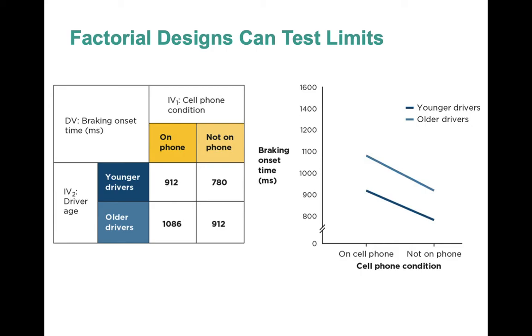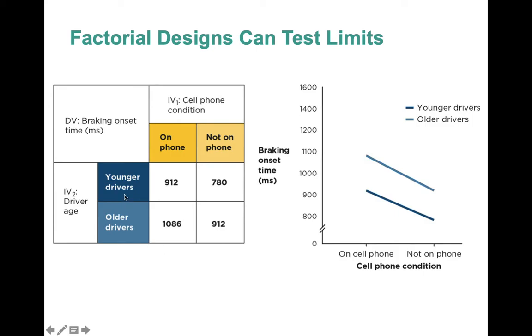By looking at the combination of cell phone use and age, researchers are asking whether the effect of cell phone use is limited to one age group or whether it would have the same effect regardless of people's age. So they can ask, does using a cell phone only affect older people? Is it limited to older people, or does it apply more generally?